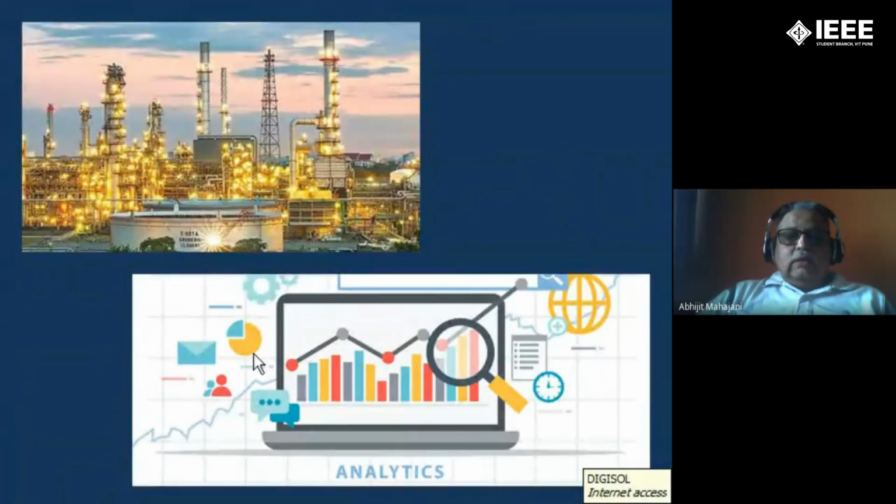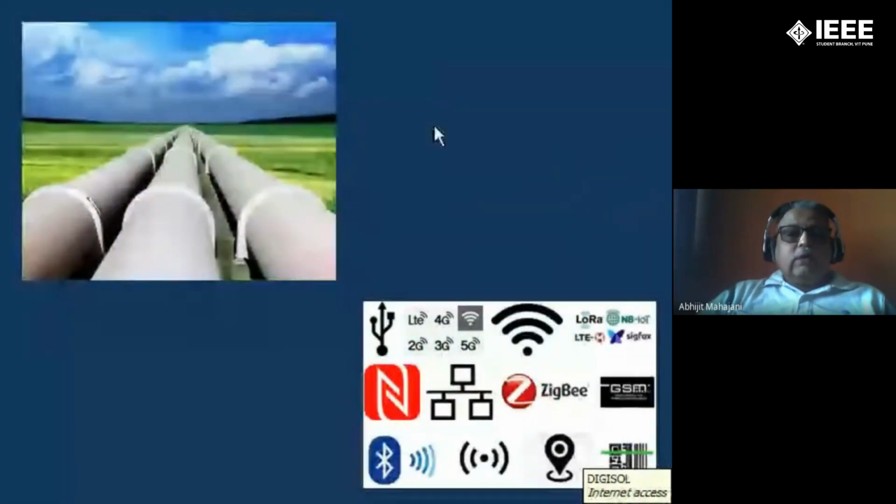So analytics is very important, and depending on the results of analysis, you can use them for managing your business. That is what is required. Now, for transferring, you need pipelines. Similarly, you have hardware devices put on your controllers which can connect two devices together.